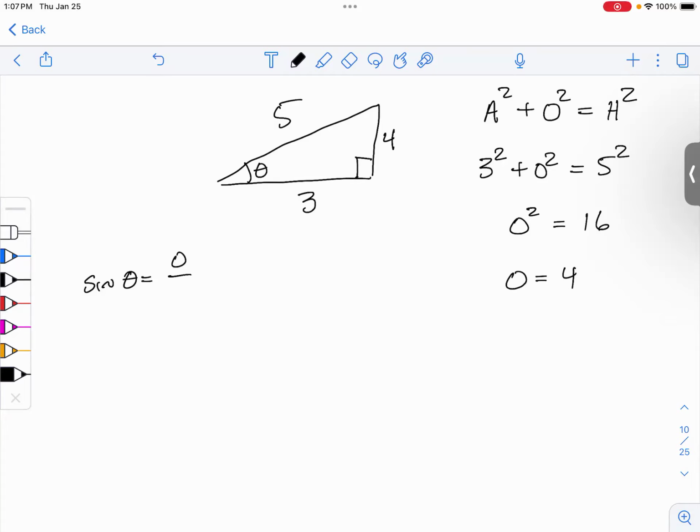And the easiest way to do it is just write out SOHCAHTOA. So, CAH. TOA. And literally plugging in our values.